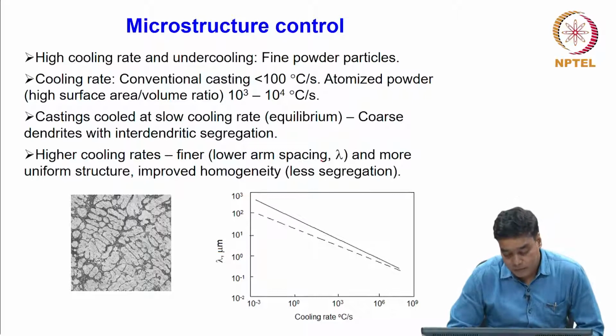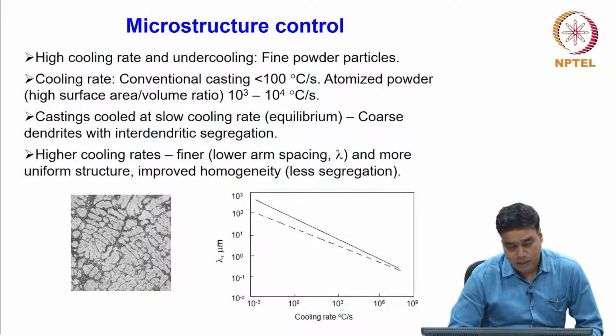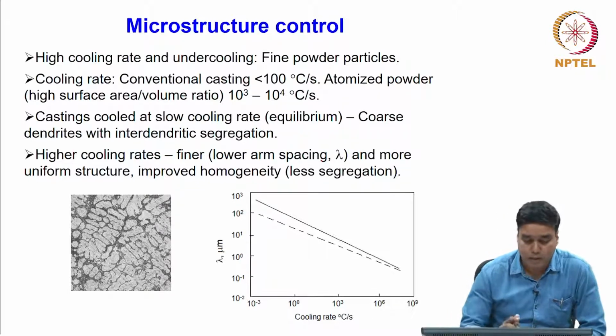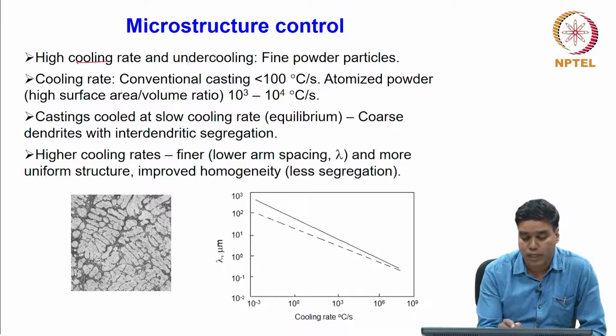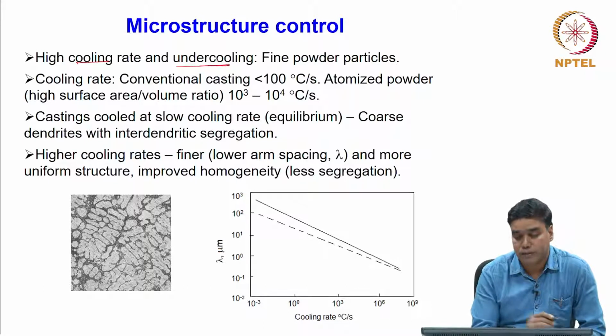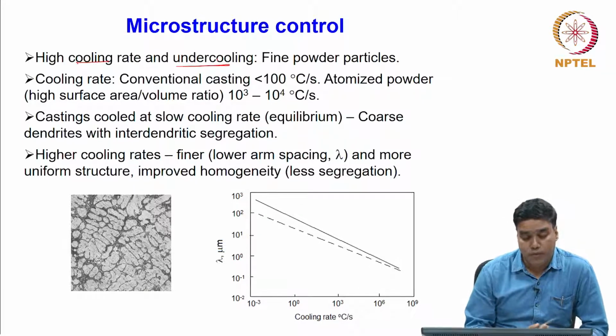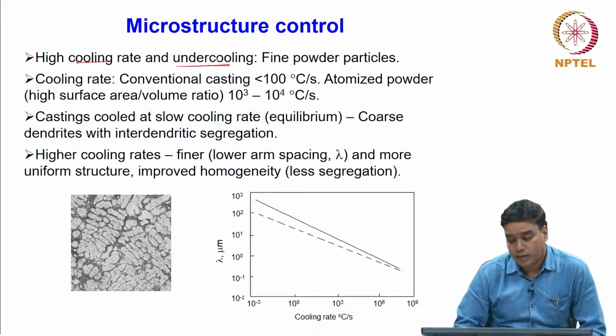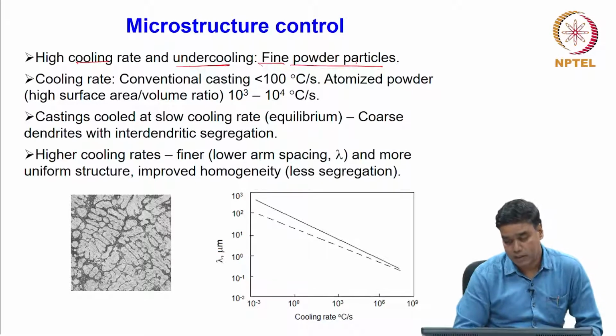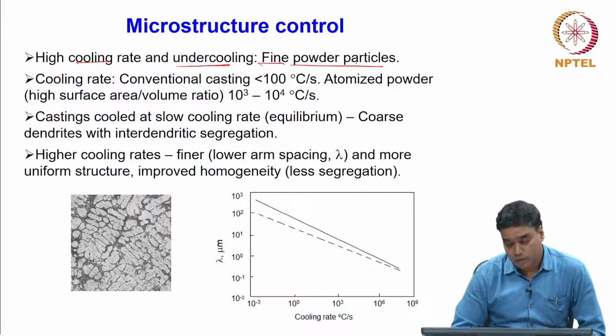Then we had seen what kind of microstructures are obtained depending on the cooling rate and the undercooling. Okay. If you have high cooling rate and high undercooling, you can expect to get fine powder particles and also refined microstructure, finer microstructure. Okay.